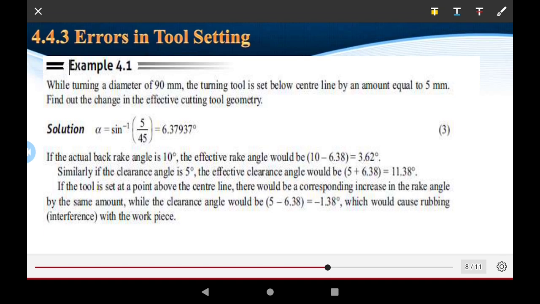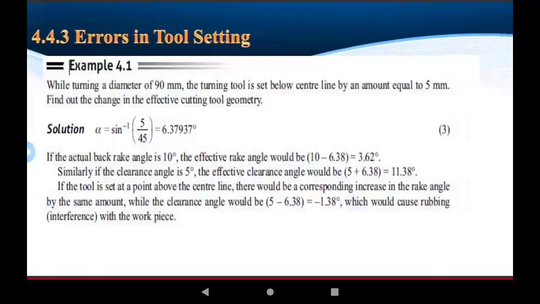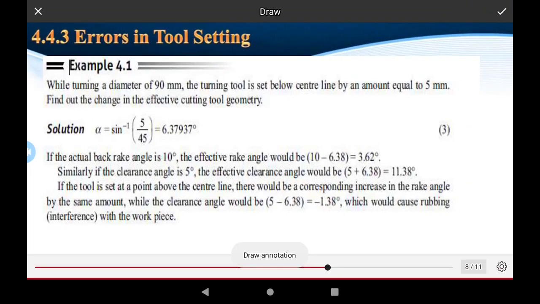Find the value of alpha: if the actual back rake angle is 10 degrees, the effective rake angle would be 10 plus 6.38, the given standard value.